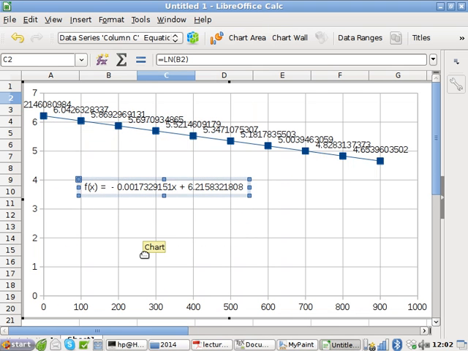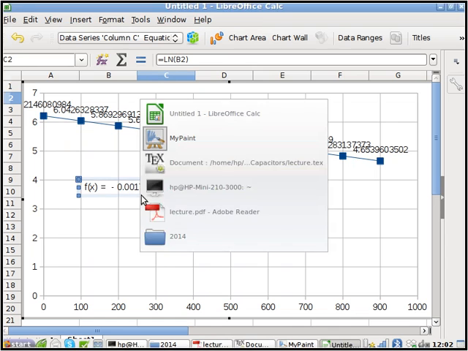So can you see here? This is my slope, minus 0.0017. So my slope is roughly minus 0.0017. Is this what you got as well? Yeah, great. Now, what's the time constant?